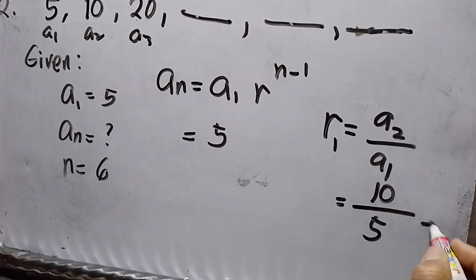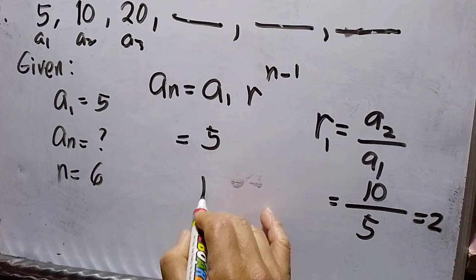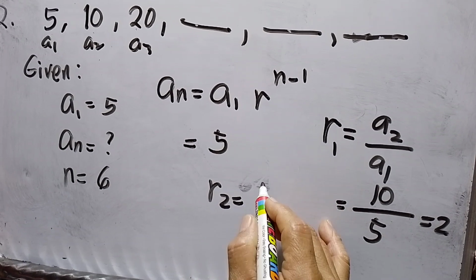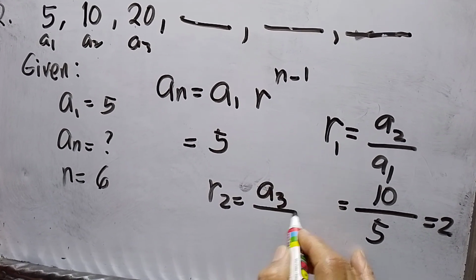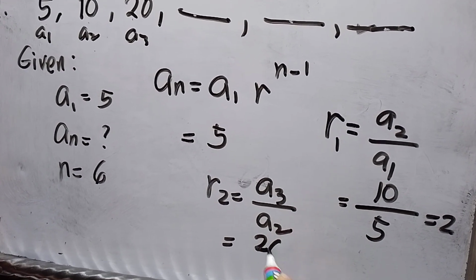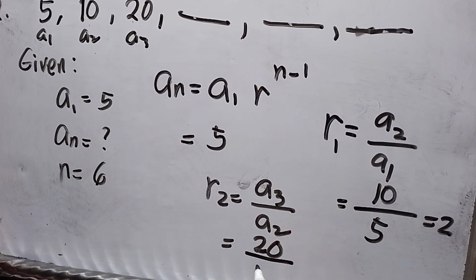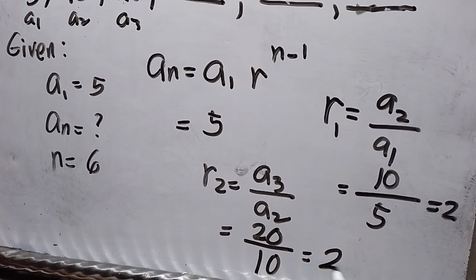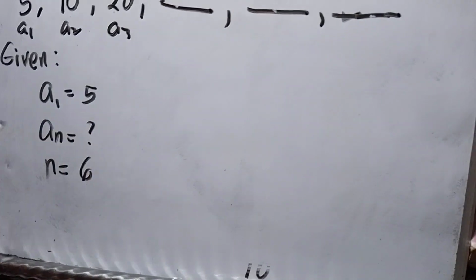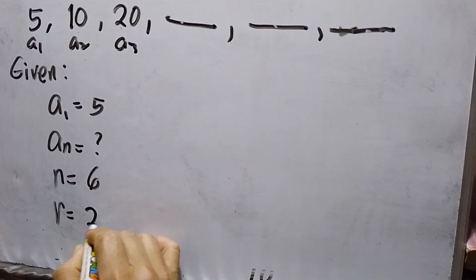So 10 divided by 5, that will be equal to 2. How about my R2? I will check if they are the same. So R2 will be A3 over A2. A3 is 20. Then I should divide by 10. So this will be equal to 2. So therefore, my common ratio is equal to 2. So I just add in here. So R equals 2.